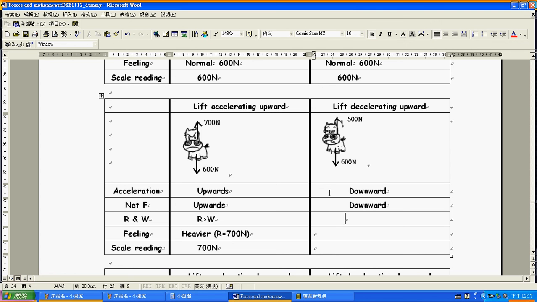So therefore, the relationship between R and W is that the weight must be greater than the normal reaction to produce a downward net force. So the feeling is that it's lighter because the normal reaction, normally it is 600, but now it's only 500, smaller than the weight. And the scale reading is 500.